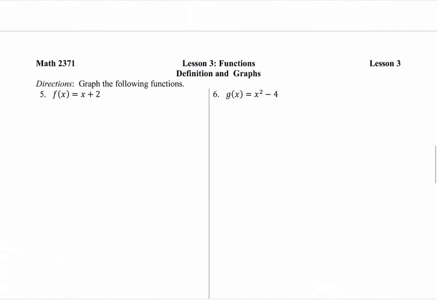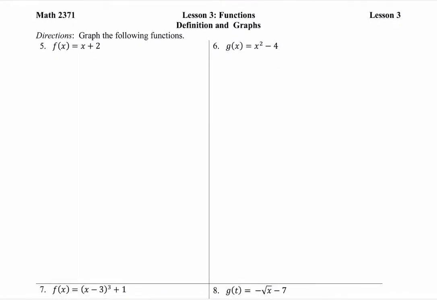All right, now let's look at the graphs. What I'm going to do is graph the basic graph in a dashed line, and then graph the new graph in a solid line. All right? So I'm taking the graph y equals x.